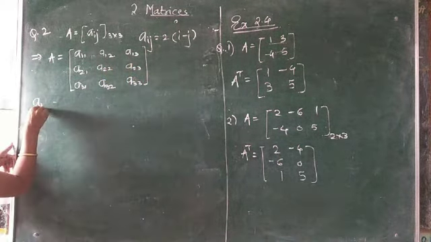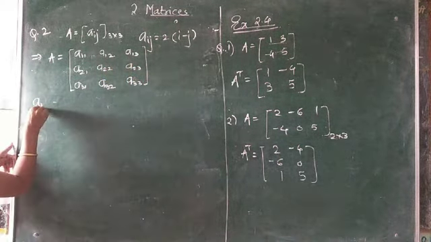a12: 2 into (1 - 2), 2 into -1 is equal to -2. a13: 2 into (1 - 3), since it is 2 into -2, it is -4.